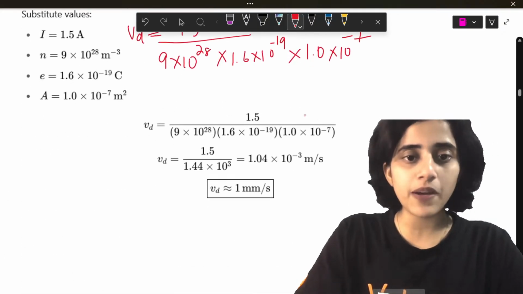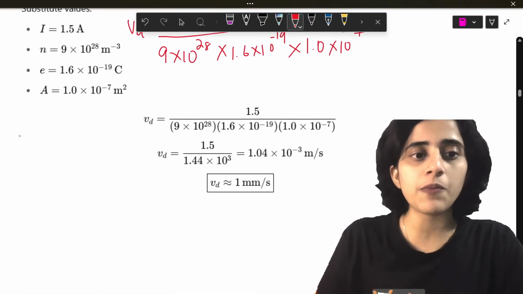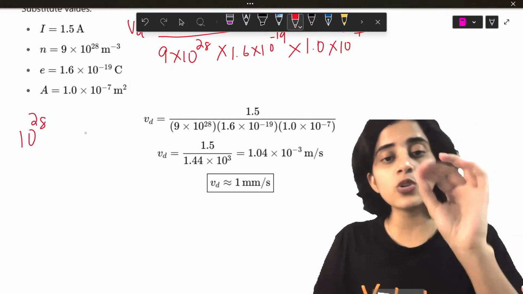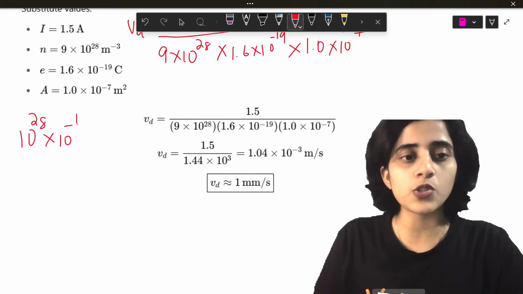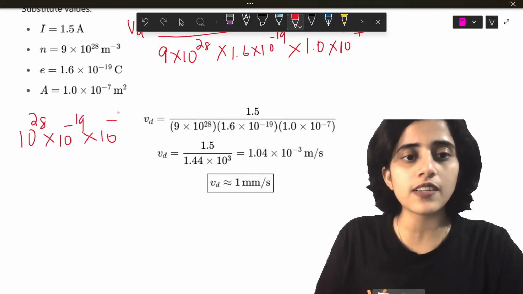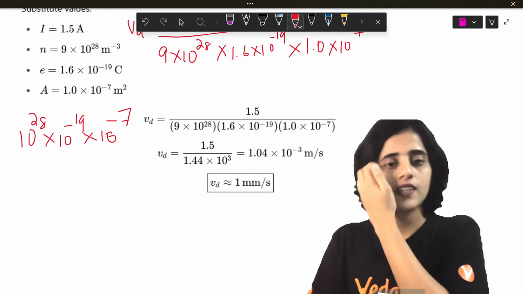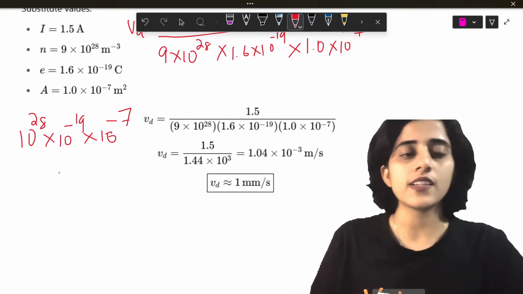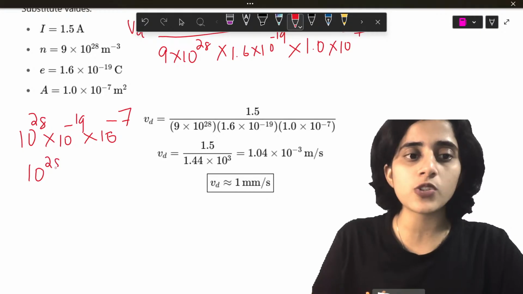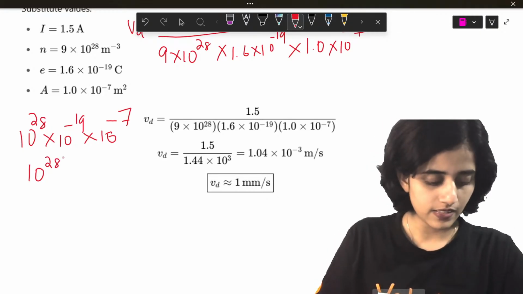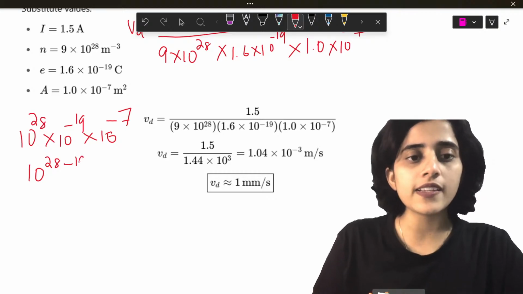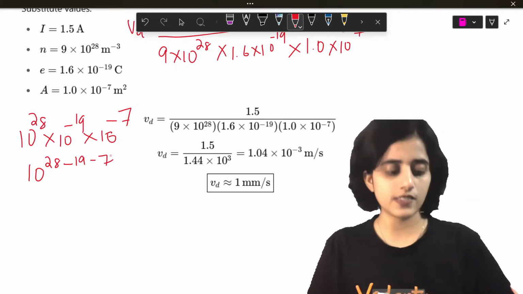How to calculate powers? See, here the powers are 10 raised to 28 into 10 raised to minus 19 into 10 raised to minus 7, isn't it? So you have to always calculate the numbers separately, powers separately. So this is nothing else but 10 raised to 28 minus 19 minus 7.